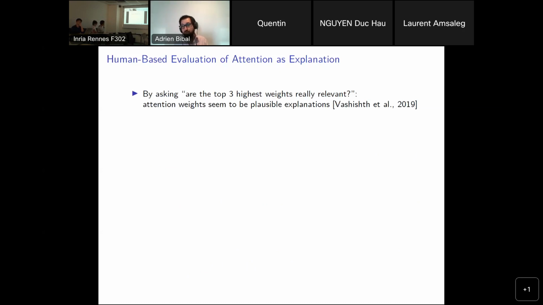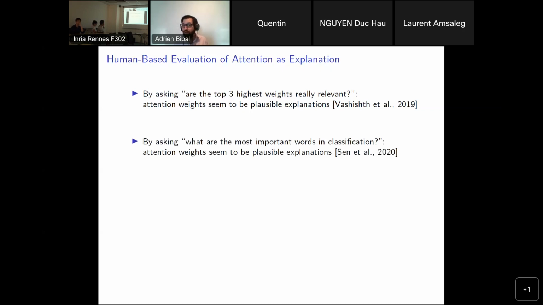And you ask that to users, you will often find a very good correlation between the top 3 weights provided by attention and what the users consider as important. So they will agree with each other, the attention from the machine and users, which means that attention weights seem to be plausible explanations.